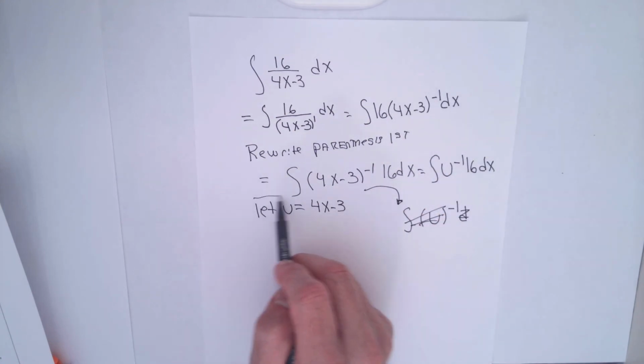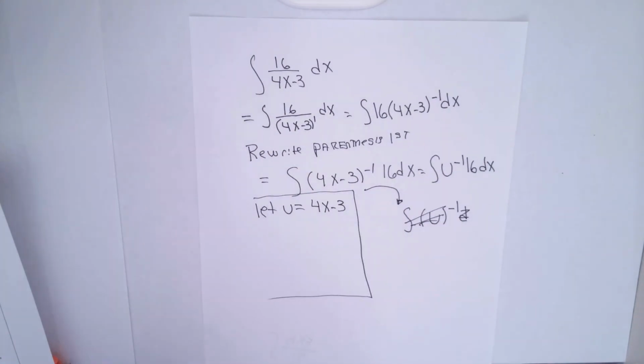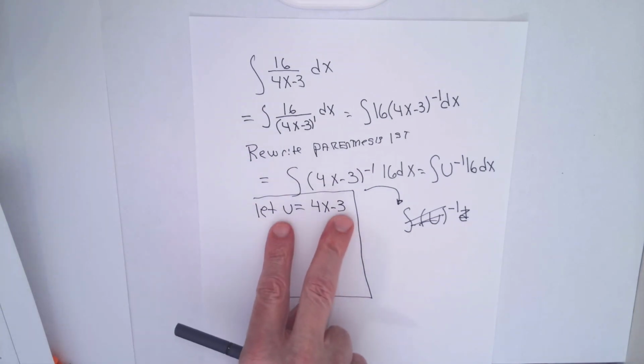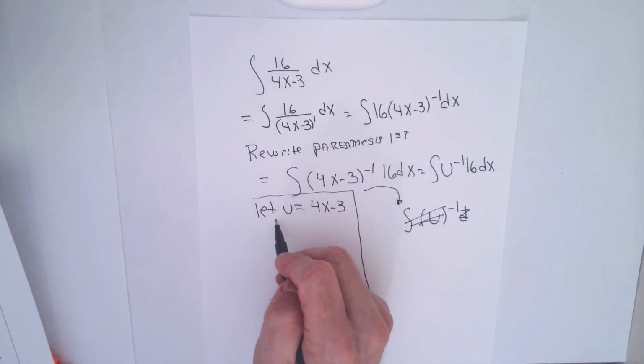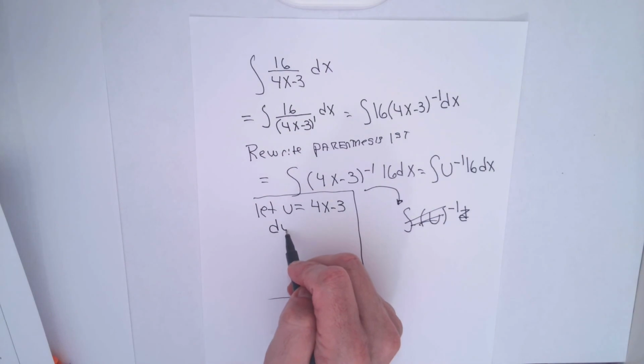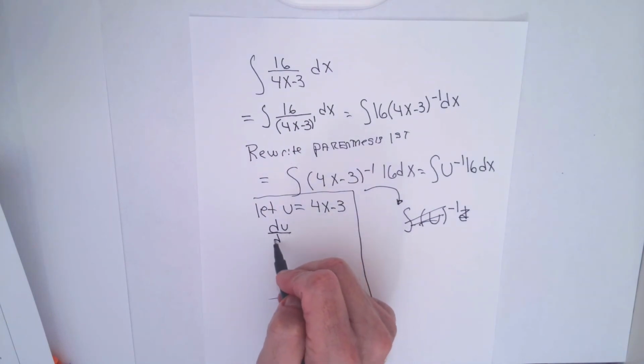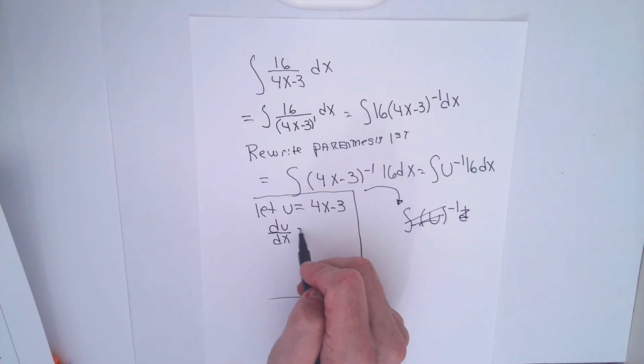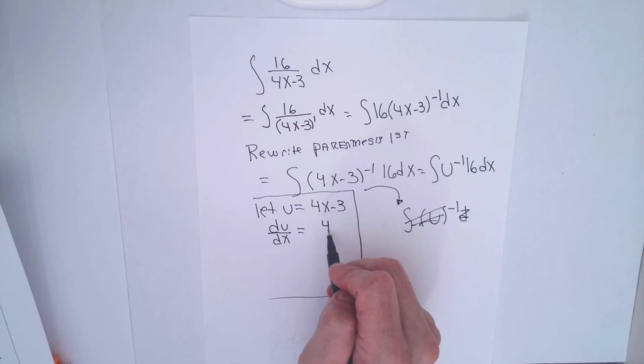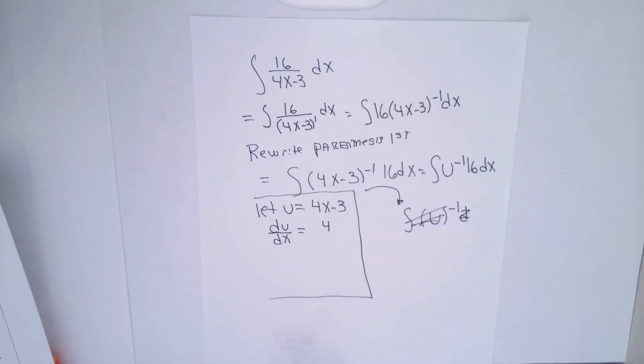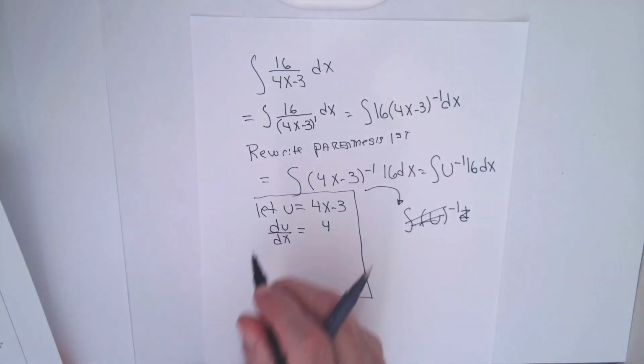I need to get that 16 dx changed to u's. How do I do that? I'm going to take the derivative here. I'm going to write du dx, the derivative of u with respect to x. And then on the right-hand side, the derivative of 4x is just 4. The derivative of minus 3 is 0, so the right-hand side is just 4.